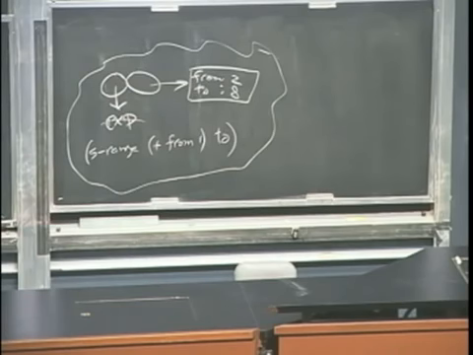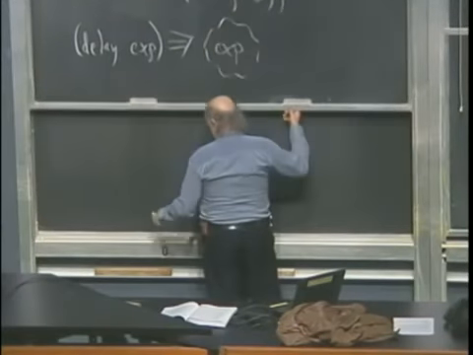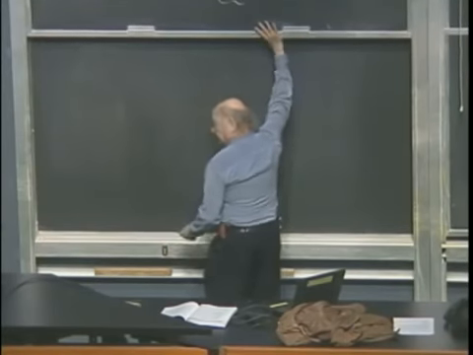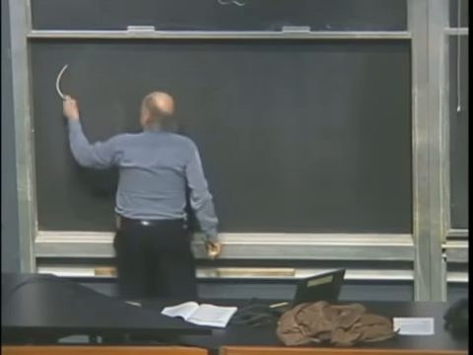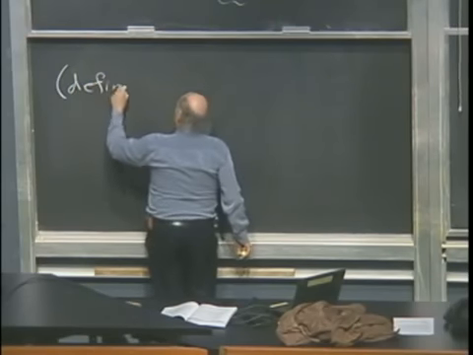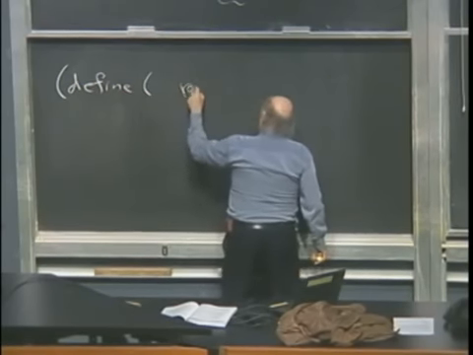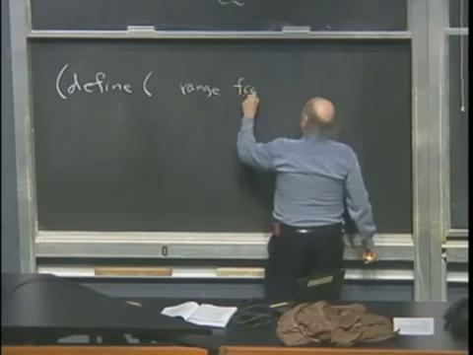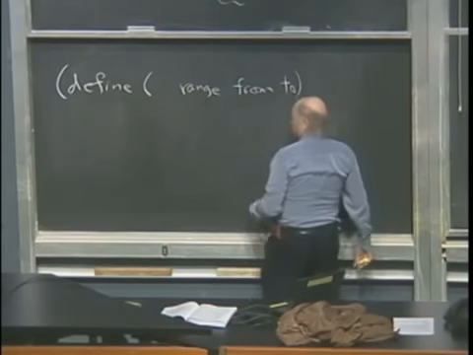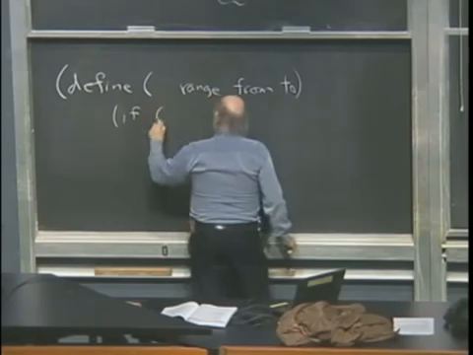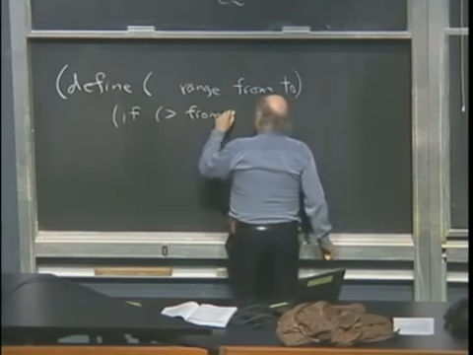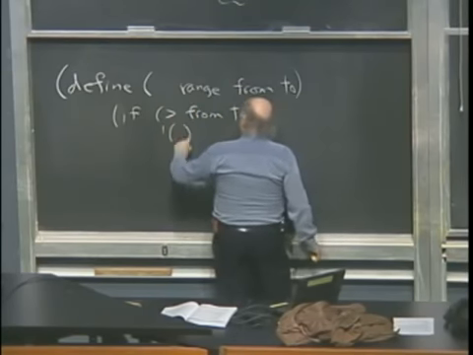Now for the fun part. So here's define range from to: if from is greater than to, the empty list.